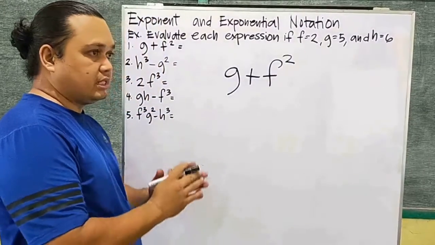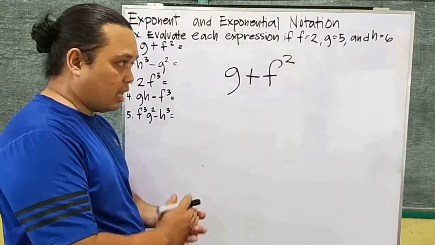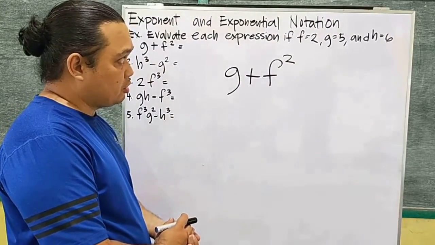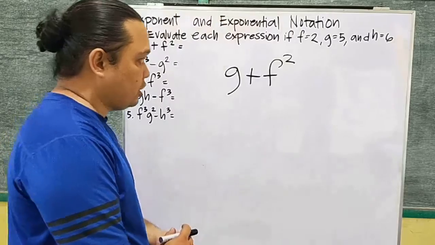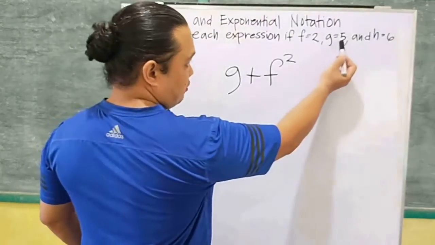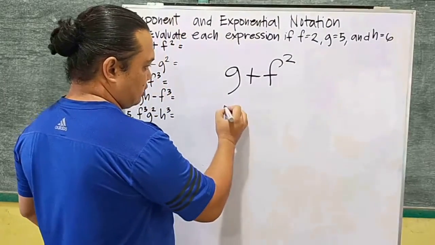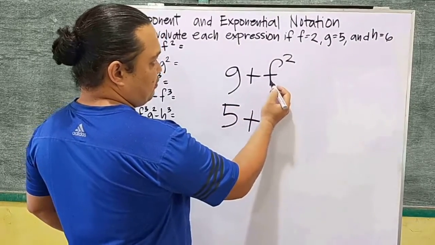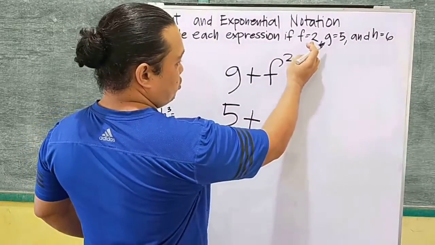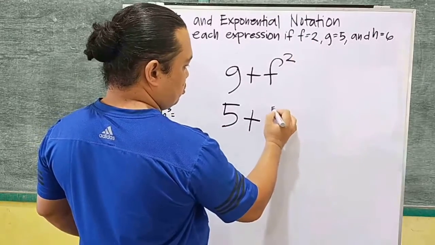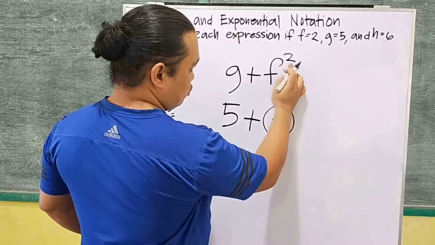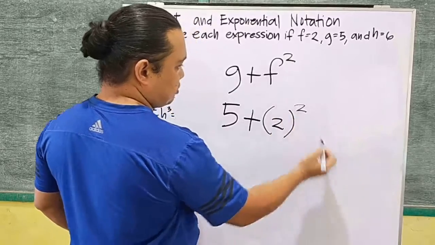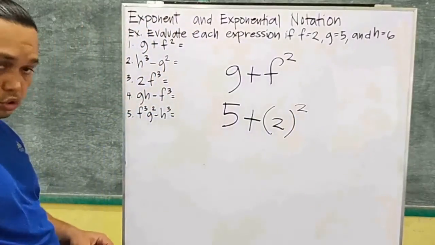Let's substitute the given values. How much is g? g here is 5. So let's substitute 5, plus, what is f? f is 2, squared here. So 2 squared.